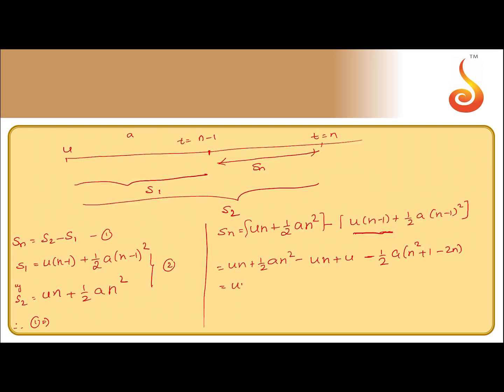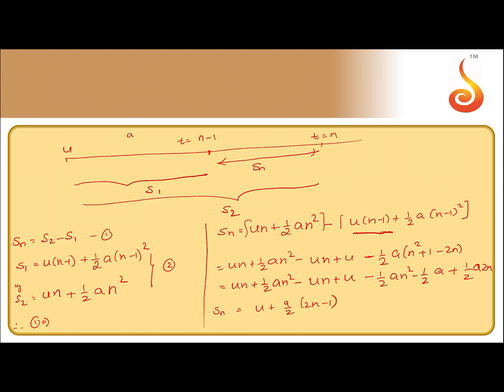So, it further simplifies to un plus half a n square minus un plus u minus half a n square minus half a plus half a into 2n. So, if you simplify it further, you get Sn is equal to u plus a by 2 into 2n minus 1.